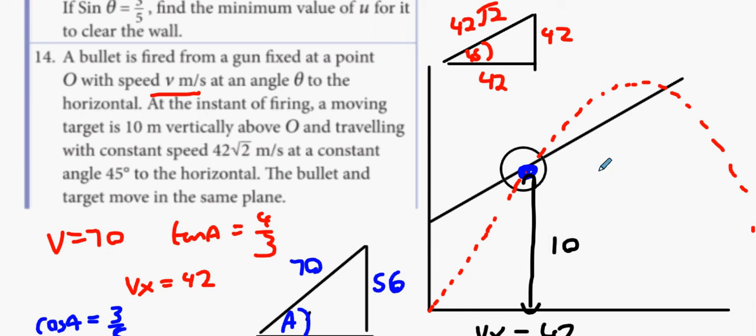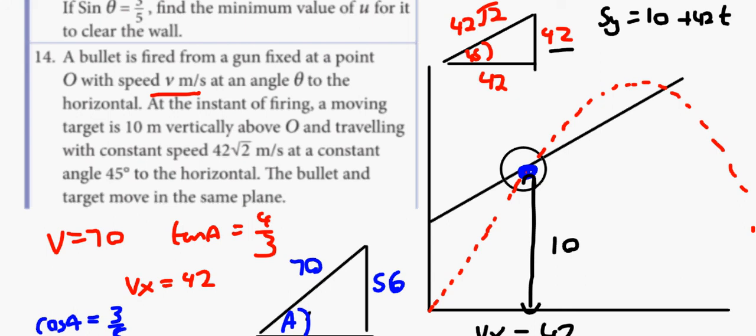So to find out what height they actually hit each other at, we're going to use an equation, okay? So, would you agree that every second it gains 42 meters in height? How do I know that? The target. It's going 42 across and 42 up. Would you agree with that? So, what we can say is that the target's height, the Sy value, is going to be 10 meters it starts off with, plus 42 multiplied by the time it's moving.